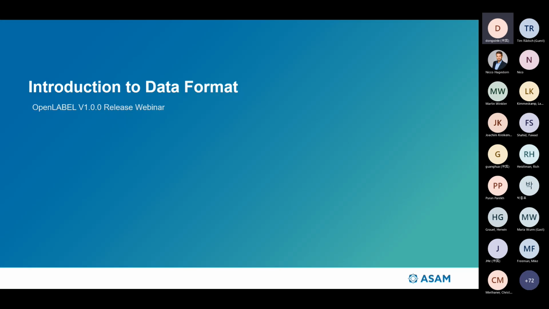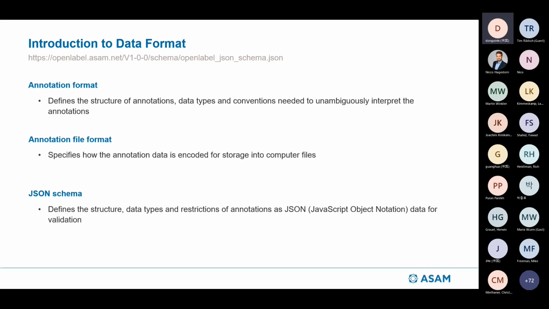So, quick introduction. What do we understand as annotation format? Well, it is the definition of the structure of the annotations, the data types involved, and the conventions that we have agreed in the standard so that anyone reading the annotations can unambiguously interpret the content or the meaning of the annotations.